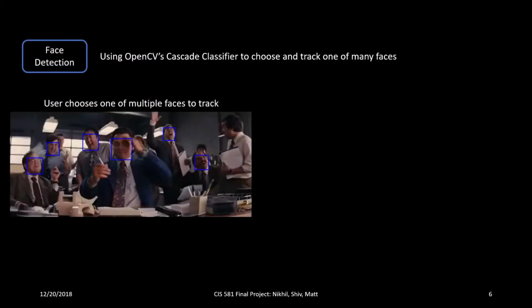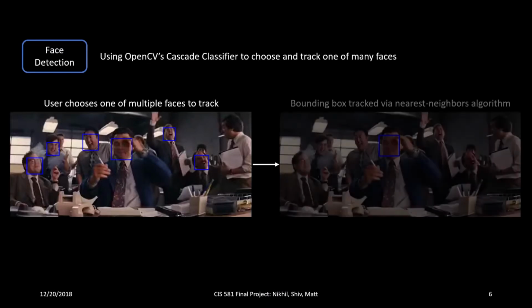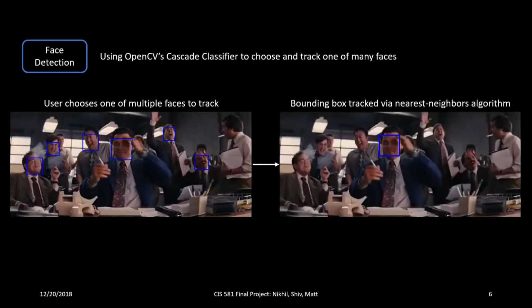The next step in the process is face detection. So for example, in the video with Leonardo DiCaprio, there are multiple faces. Not all of them will be detected, but a few of them will over the course of the video. So we need to pick one that we want to track. For that, we use something from OpenCV called Cascade Classifier at the very beginning of the video. And that pulls out Leonardo DiCaprio's face specifically.